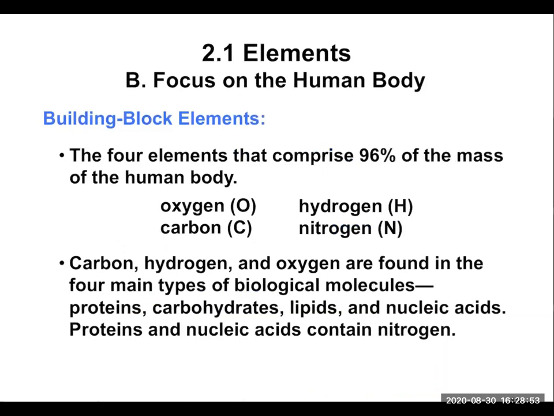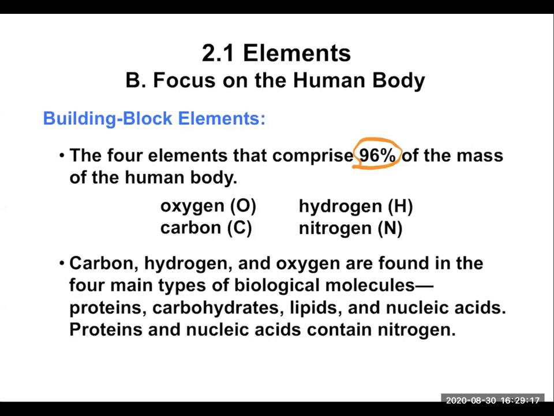Now, why do we care about these elements? Well, I told you that these elements compose everything in the world. For example, we actually have 4 elements that comprise 96% of your human mass. Those elements are oxygen, carbon, hydrogen, and nitrogen.